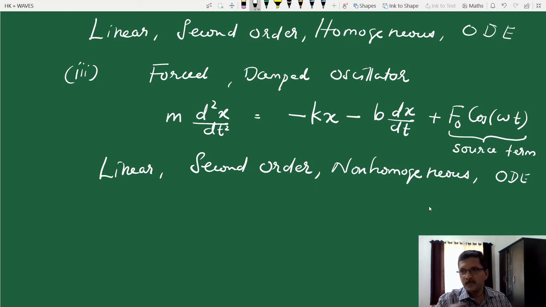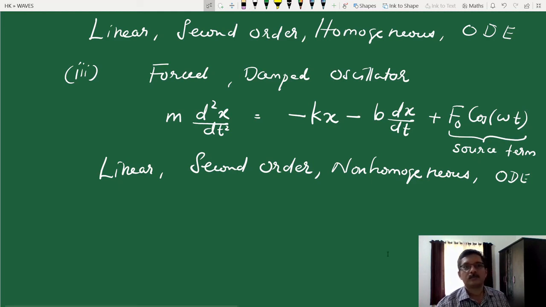So even for a non-homogeneous differential equation, for those who are worried that for homogeneous equations the right hand side should be 0, for non-homogeneous equation the right hand side is non-zero. See, here also you can take all the terms to the left side and keep the right hand side 0. So whether right hand side is 0 or not is immaterial. What's important is this: do you have a source term that doesn't contain the unknown function? Then it's a non-homogeneous equation.